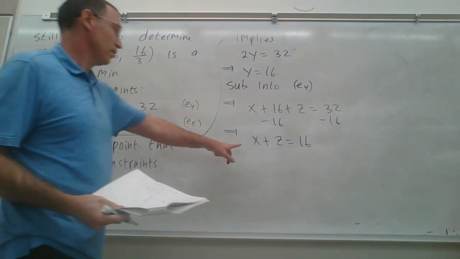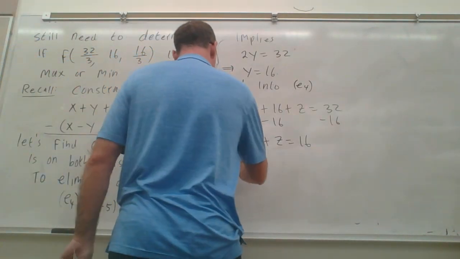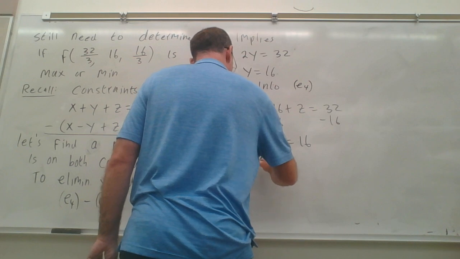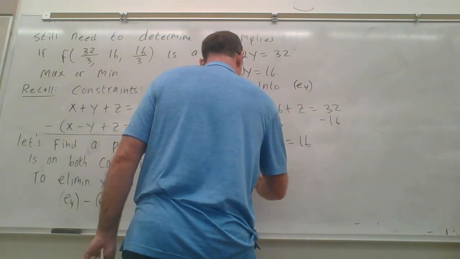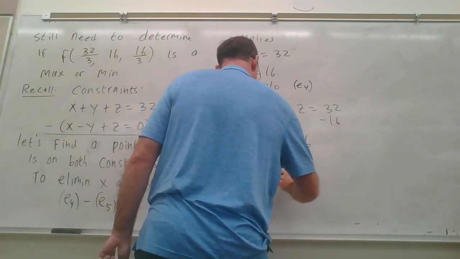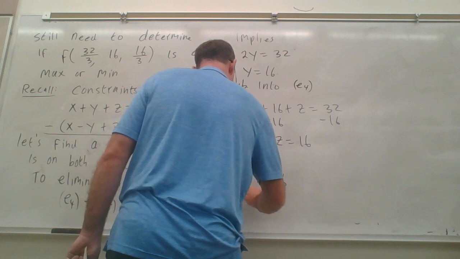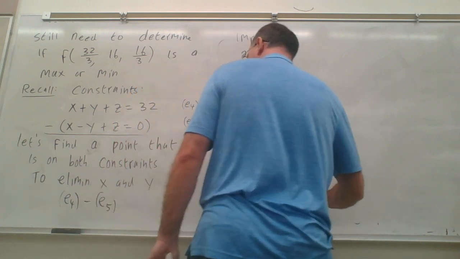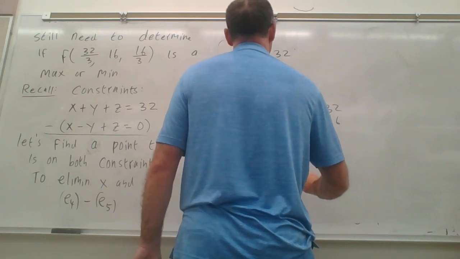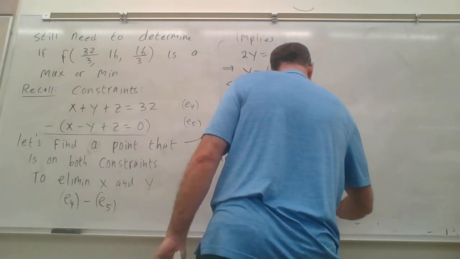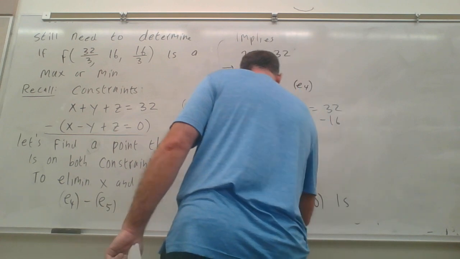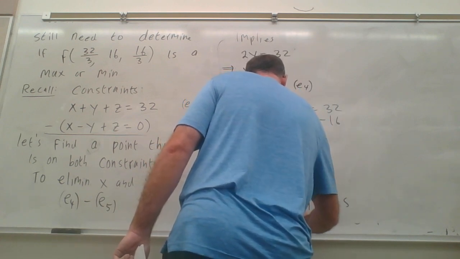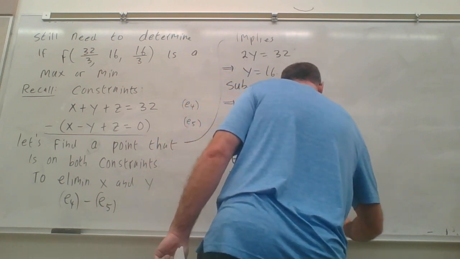There are many different choices. So let's say z equals 0, then x is 16. So hence 16, 16, 0 is on both constraints.